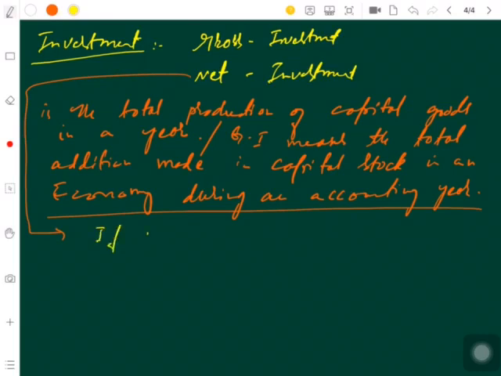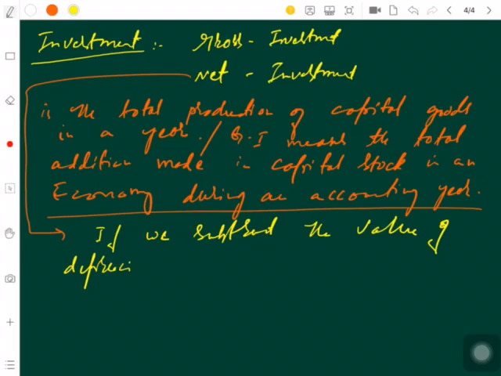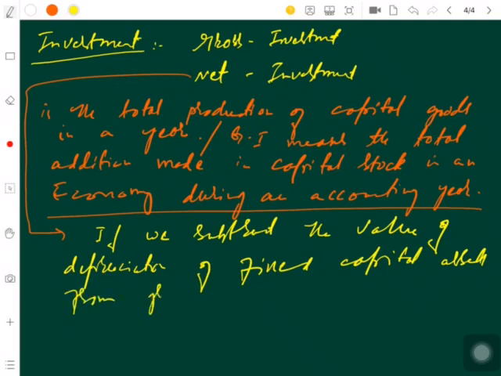So if we subtract the value of depreciation of fixed capital assets from what? Exactly, gross investment. The result will be net investment.